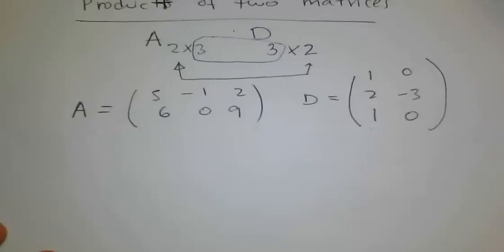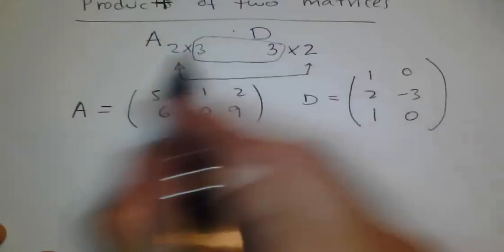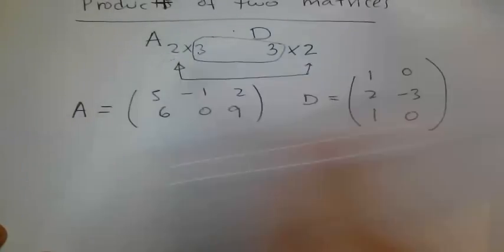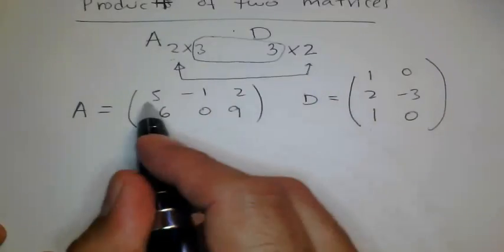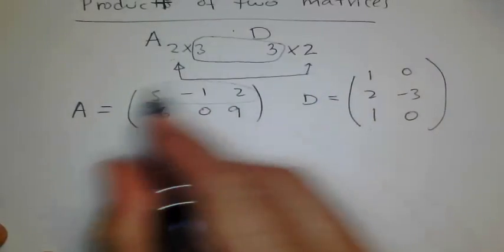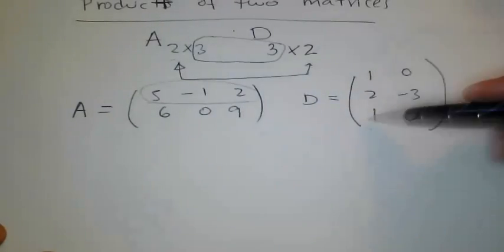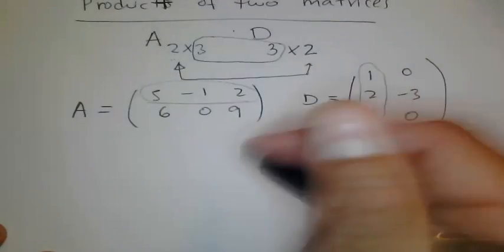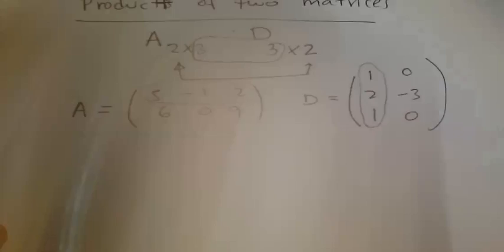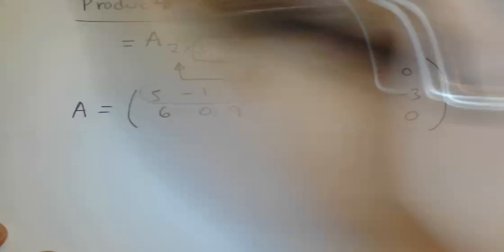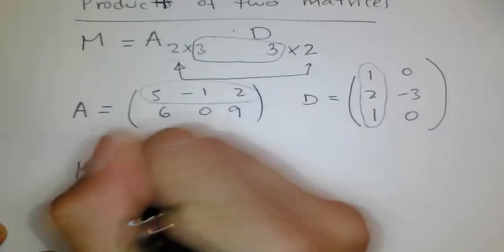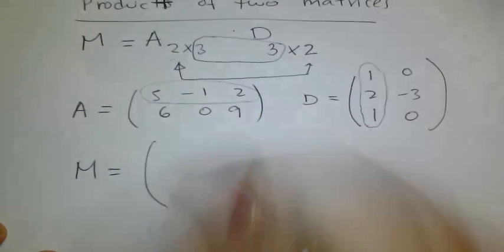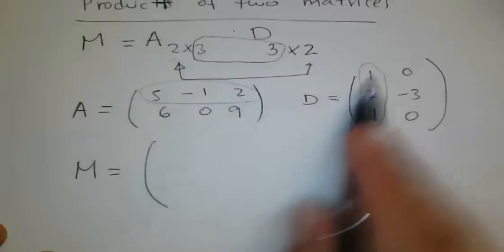And the way this works is, here we have a row and a column. To get the first element, we take the whole row and multiply it with the elements of this column. Let's call the answer matrix M. The first element of M is going to be row 1 times this column.